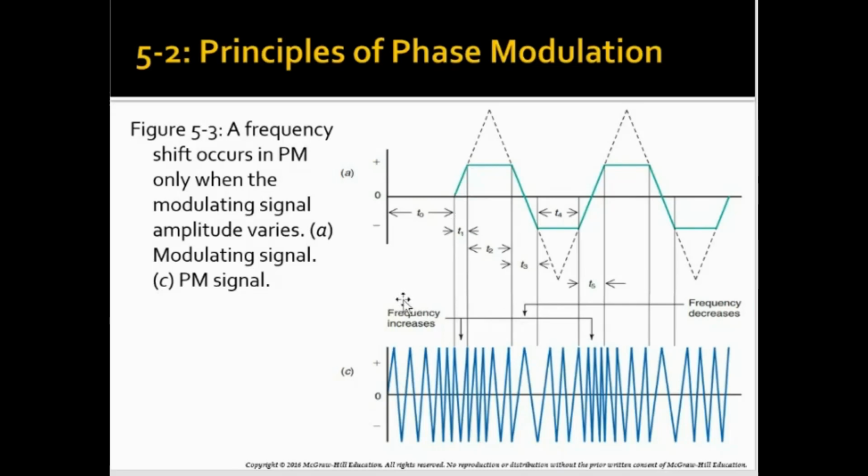When there is no signal, the carrier remains the same. Here it is shown, for example, that frequency is increasing when your amplitude is increasing, and frequency is decreasing when the amplitude is decreasing.